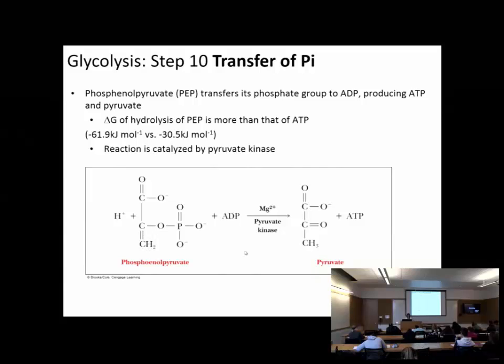Never mind we haven't gotten to putting that phosphate onto ADP. We're giving off 61.9 kilojoules. That means that PEP has a huge, huge phosphate group transfer potential, because this negative 61.9 is the energy released when you remove the phosphate.